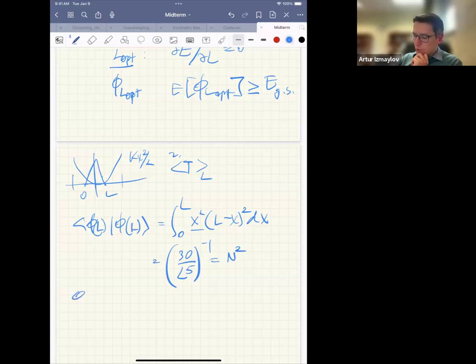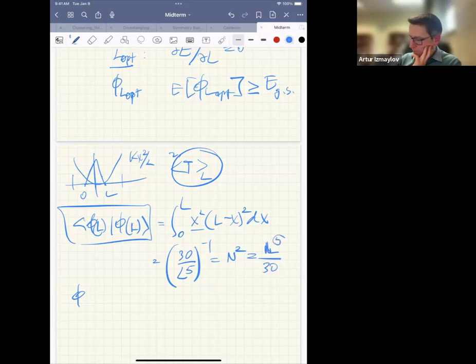And then, well, we don't really need to normalize the function because our task is to find T of L. We could just divide by L to the fifth divided by 30.